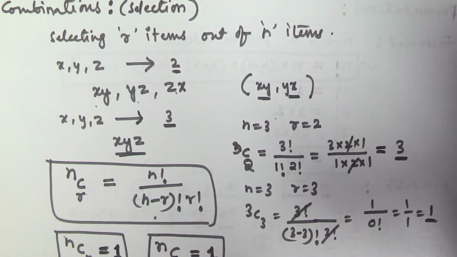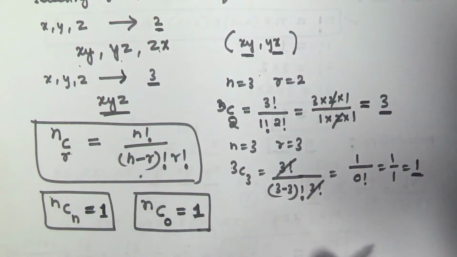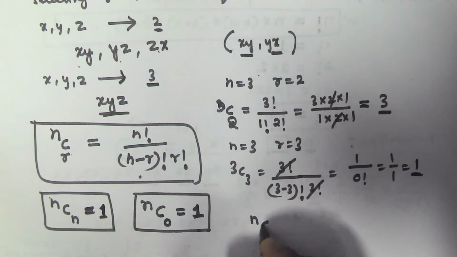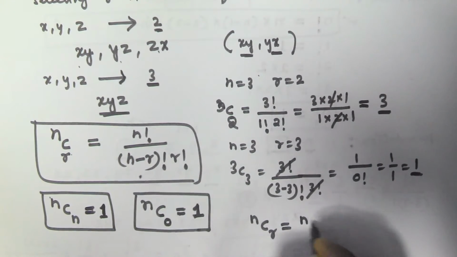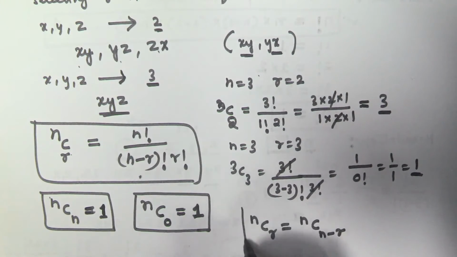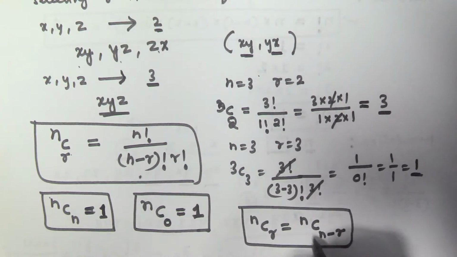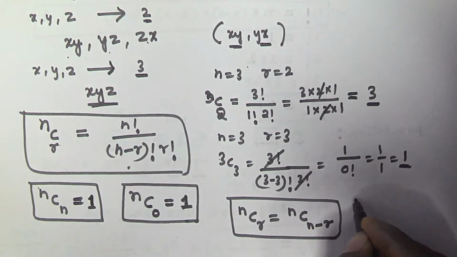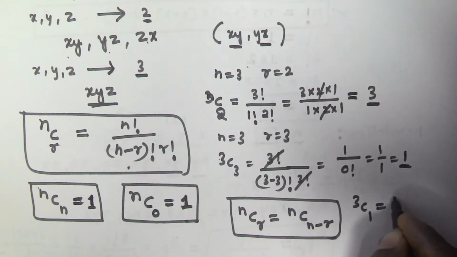One more property is that nCr is always equal to nC(n minus r). For example, 3C1 is equivalent to 3C2, because 3 minus 1 is 2.